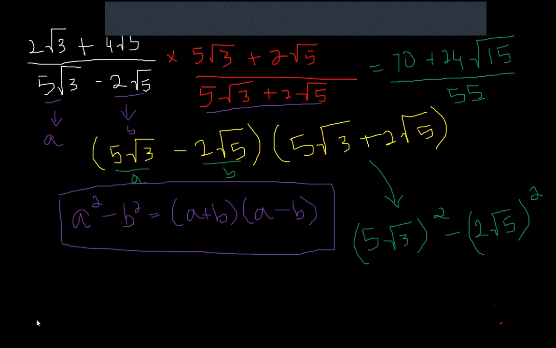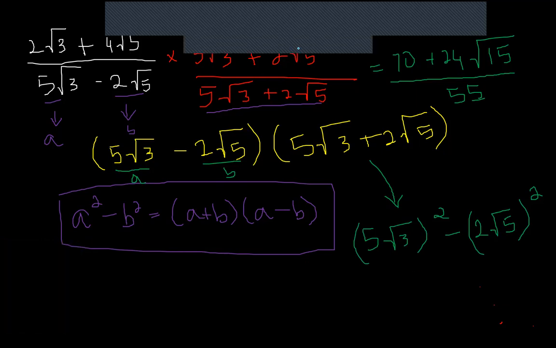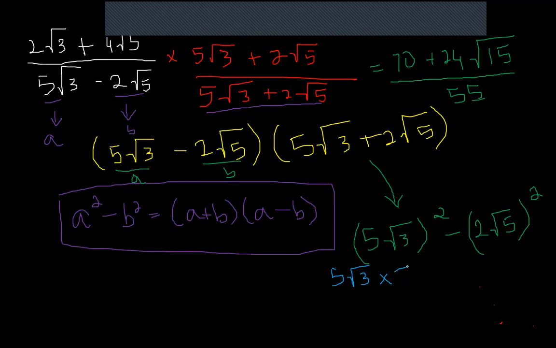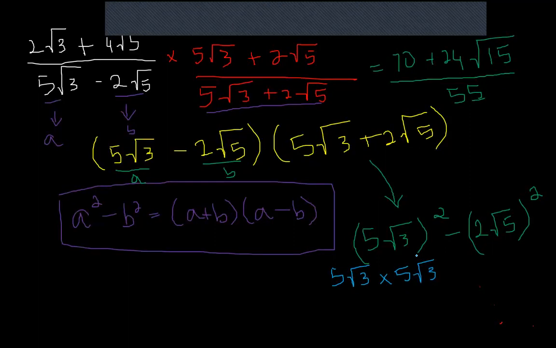Remember, if you say you're squaring a number, that just means that you're multiplying it by itself. So 5 root 3 squared is the same as saying 5 root 3 multiplied by 5 root 3. Remember, squaring something means I just multiply it by itself.